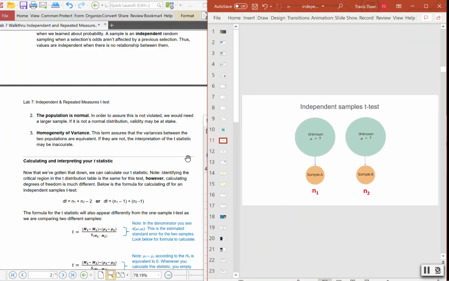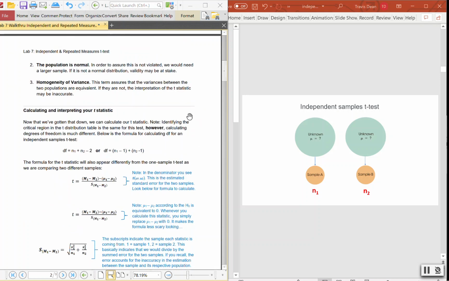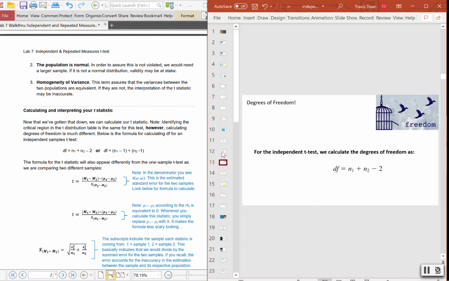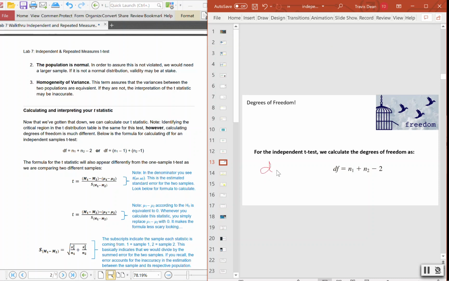All right, so let's go ahead and move on. Looking at this, we have some other equations here. I'm going to move on to this part, and it's synonymous to what we see right here. Remember that when we were looking at degrees of freedom for a one sample t-test, it was just n minus 1.